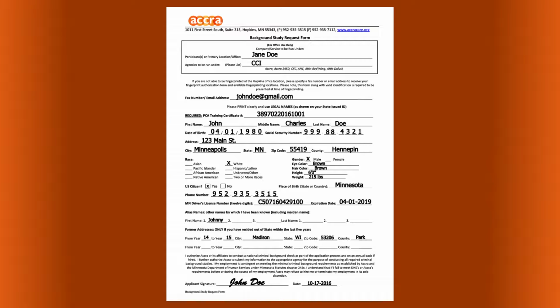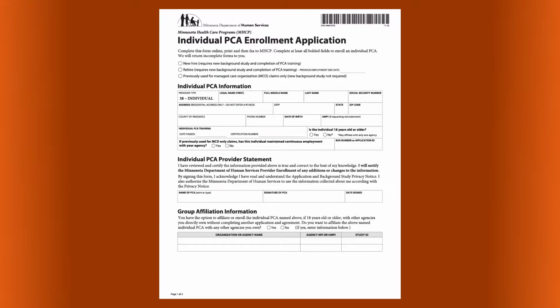The following pages are the Background Study Notice of Privacy Practices, which give detailed information about your background check and fingerprints. The next form is the Individual PCA Enrollment Application. Select New Hire. Then, fill out your individual information in box 1.